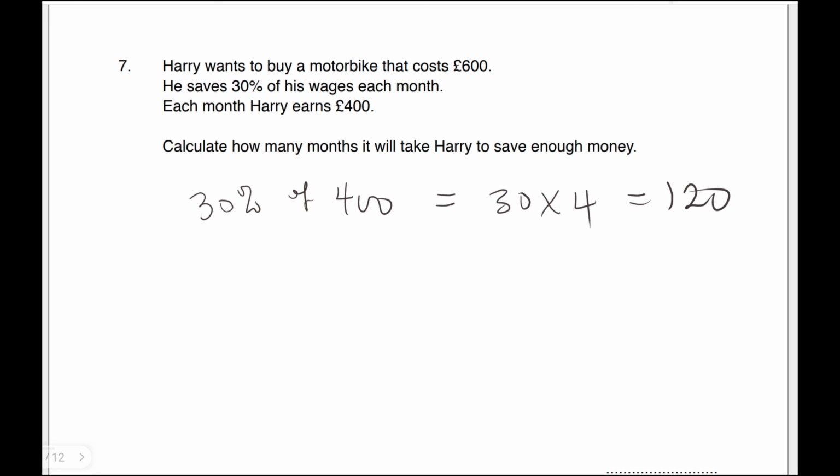Then, if the motorbike costs £600, we have to do 600 divided by 120, which is 60 divided by 12, which is 5. So the answer is 5 months.